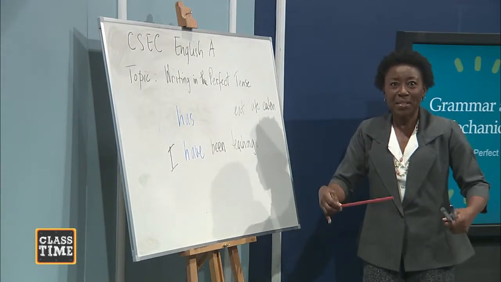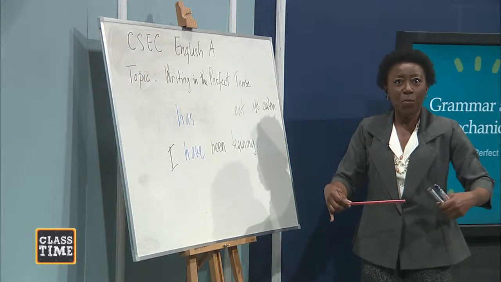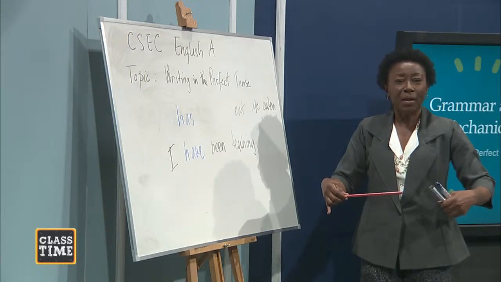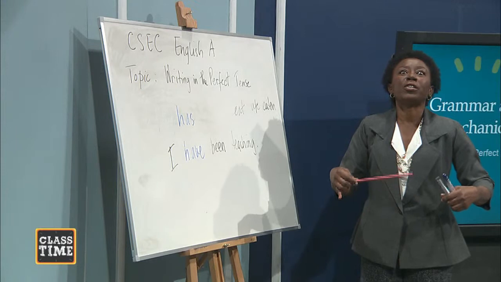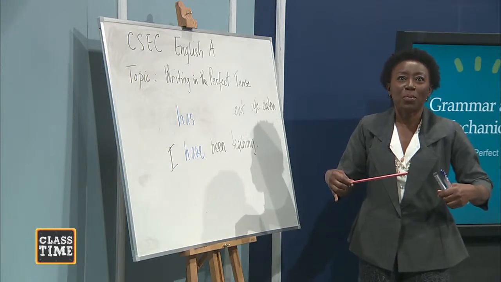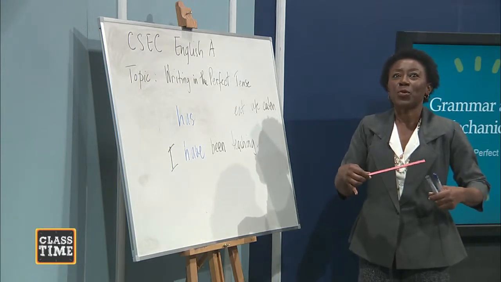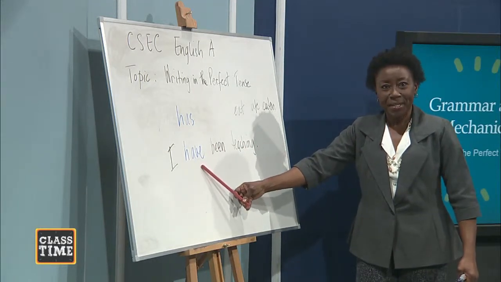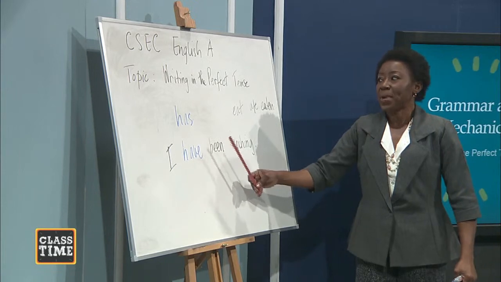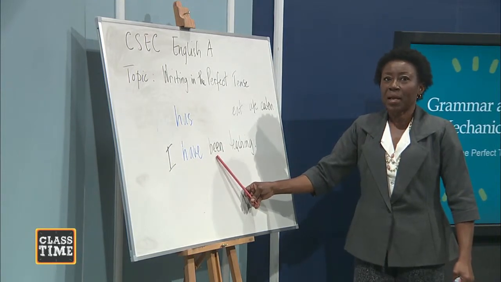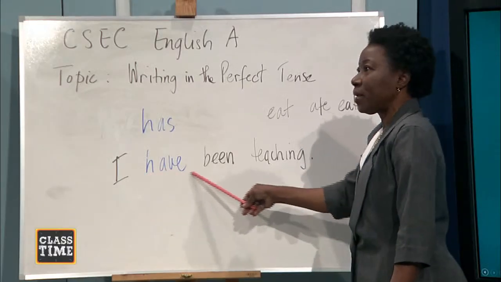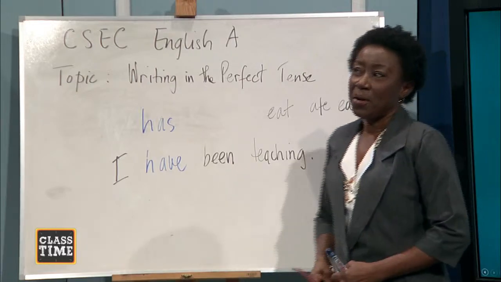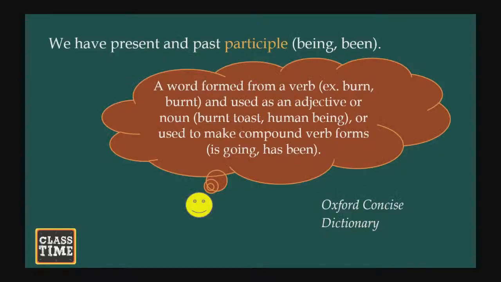The perfect tense is expressing now a behavior that did not just begin now. So in my instance, have is a present, been is a past participle, and I have created the tense. Following? Okay.